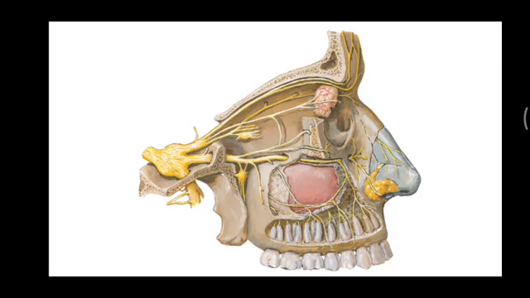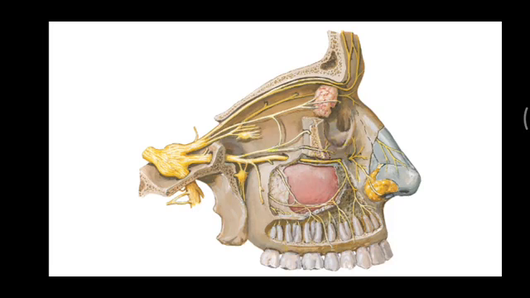Next one is the zygomatic nerve. This zygomatic nerve comes and divides into a zygomaticofacial branch and a zygomaticotemporal branch. The zygomaticofacial nerve appears in the face through a foramen in the zygomatic bone. This is the cut section of the zygomatic bone.